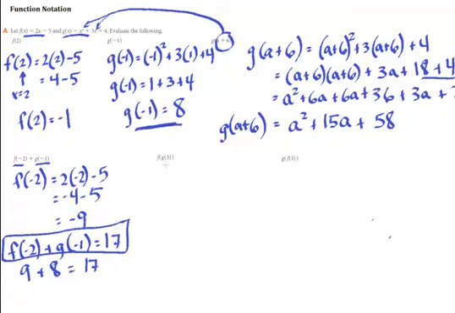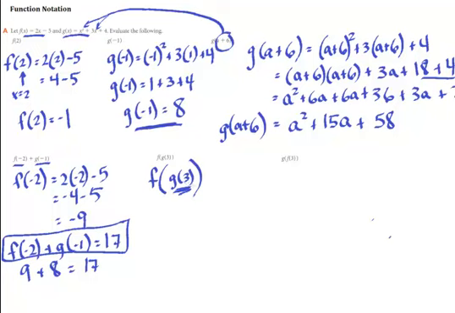Cool. Now this one is a little different. This one wants me to do f of g of 3. So that means I need to go find, and I like to rewrite them so that the one on the outside is a lot bigger and then I can really see what's going on. So you go deep inside, and I need to go figure out what g of 3 is.